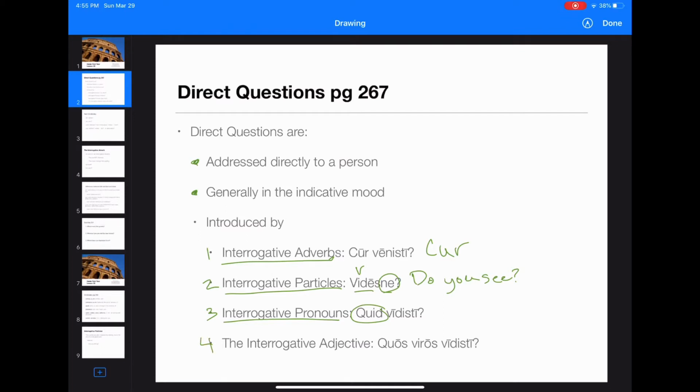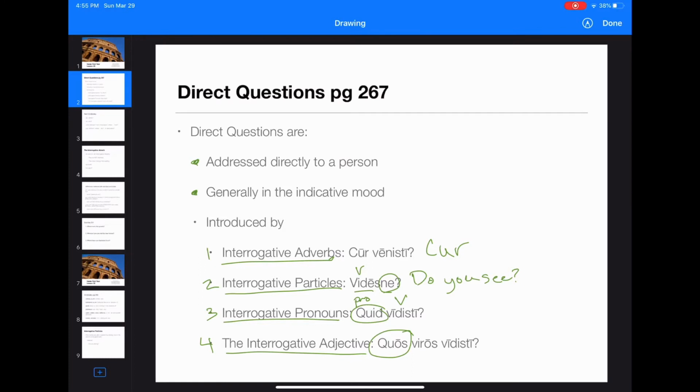And then the fourth way is for a direct question to be introduced with an interrogative adjective such as quo. You'll notice up here with the pronoun you have a verb, and quid is definitely a pronoun. But down here in this example of the interrogative adjective, you have quos viros vidisti.